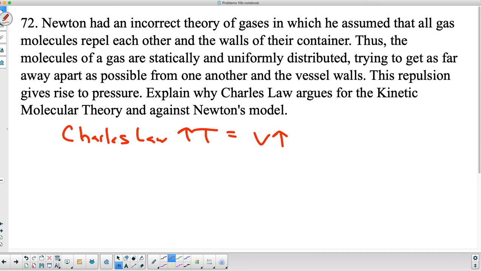So my answer to this would be that Newton's theory does not handle temperature at all. So under Newton's theory, gases wouldn't change.